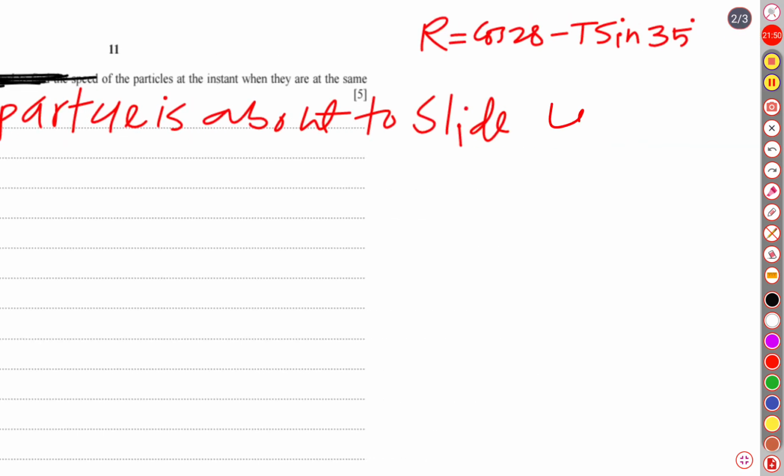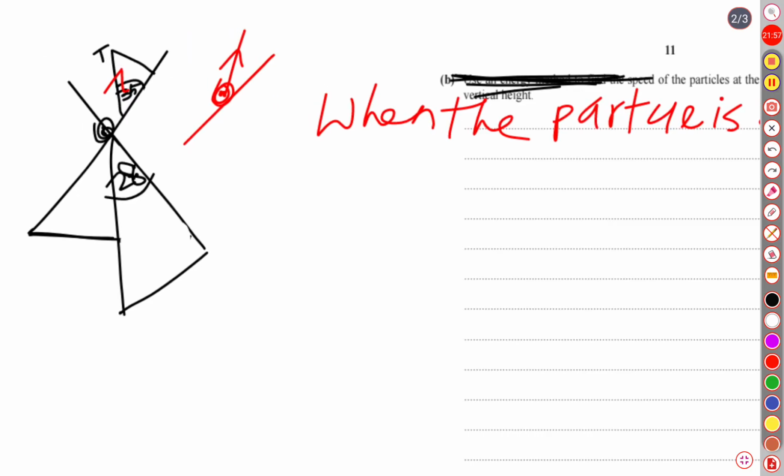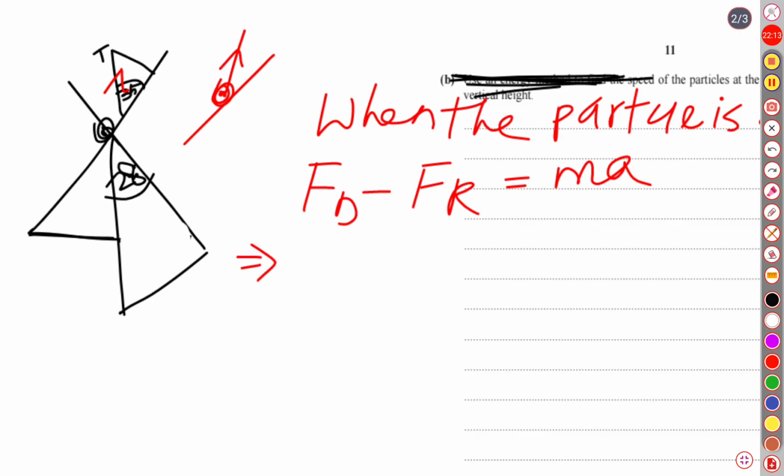slide up. Okay, when the particle is trying to slide up due to the external force, we will write driving force. The same concept we are going to apply. Driving force minus resistance force is equal to mass into acceleration, and driving force is nothing but the external force we have already calculated, which is T cos 35 degree, minus, all of the other forces are causing resistance.